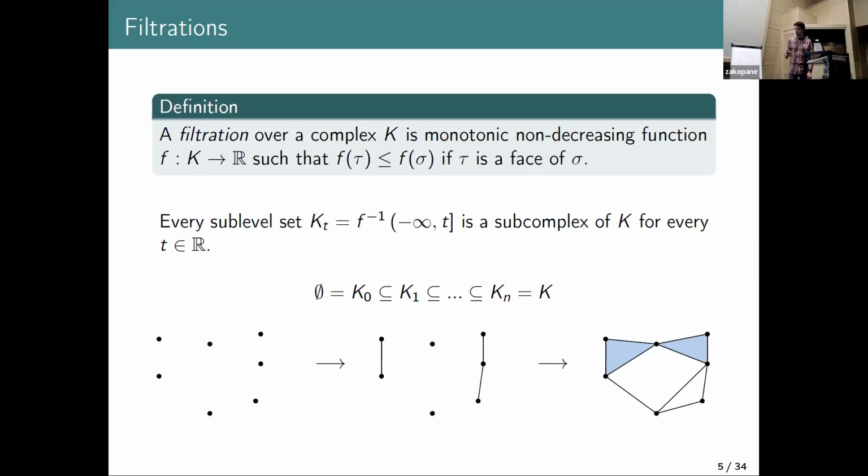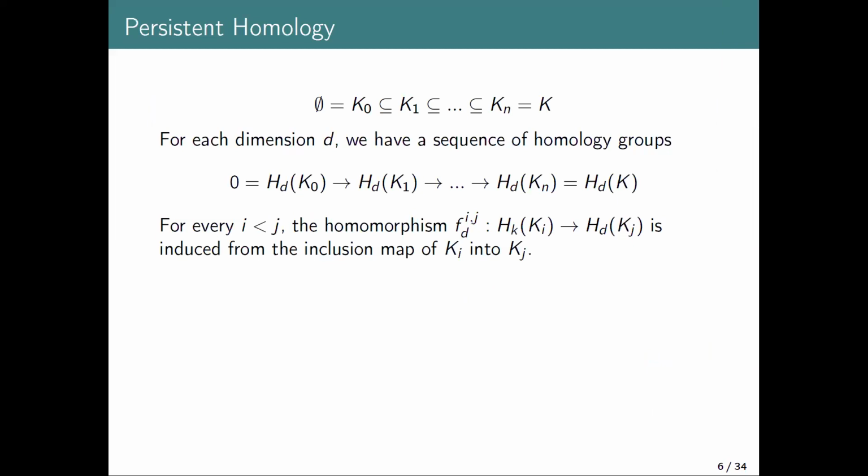And that's great, because if we have this nested family of complexes, then for each dimension d we have a sequence of homology groups. So we can basically compute the homology at each filtration step. The homomorphisms between the homology groups are just induced from the inclusion maps of your subcomplexes.